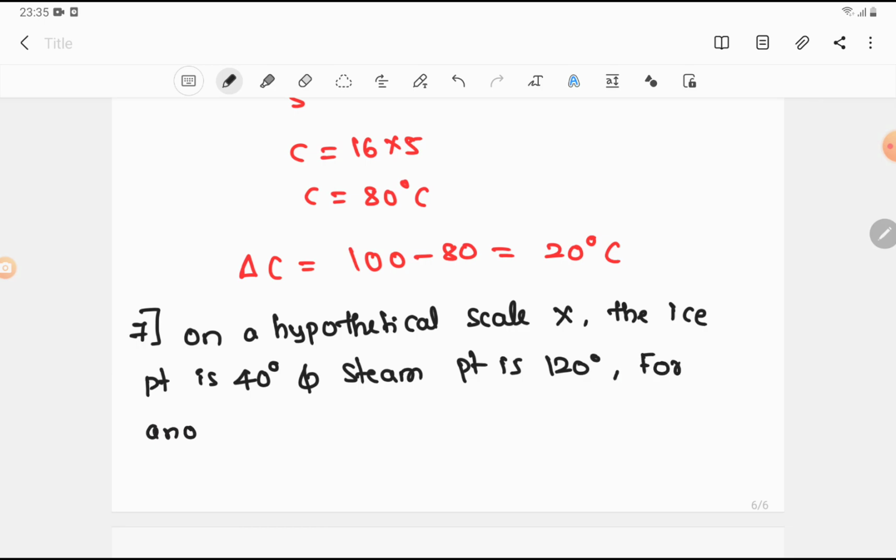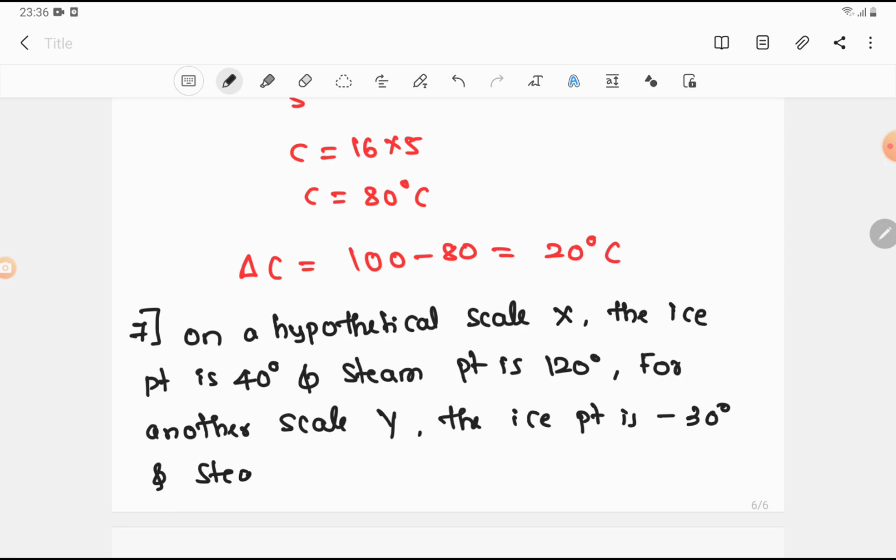For another scale Y, the ice point is minus 30 degrees and steam point is 130 degrees.